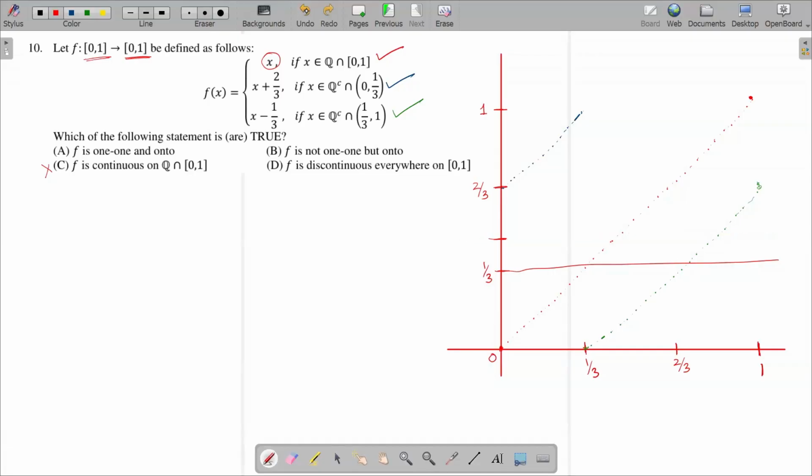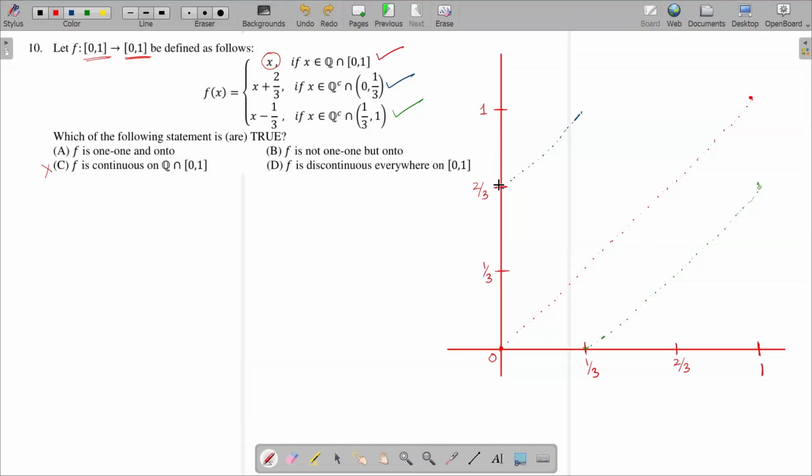Is everyone catching it? What I'm saying? Yes, sir. So the function is looking 1-1. Understood? Because all rationals have images on this line and all irrationals on this line. It is distributed on these two lines. It is 1-1 actually, because the same thing applies here also.